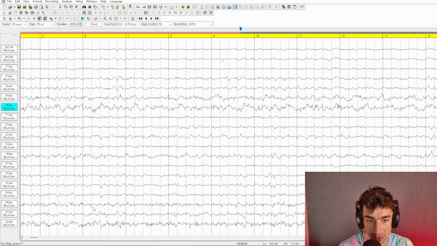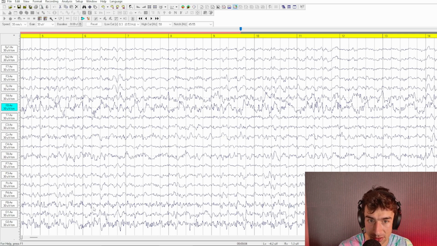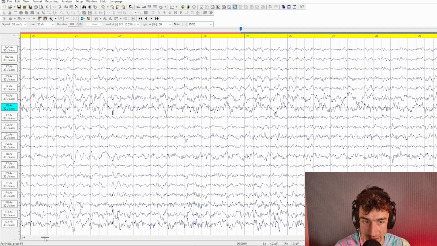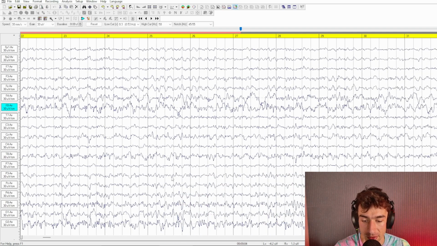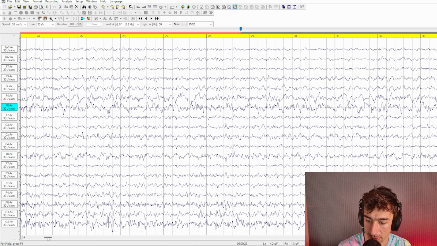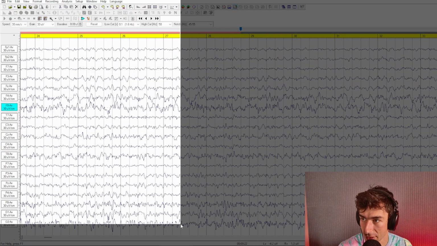And overall, this looks like a relatively low voltage brain, right? When we scale for the actual EEG activity, we're at 30 microvolts. I'm going to drop the low cut to 1.6 to make it a little easier on the eyes. We see some frontal midline theta here. So I'm going to grab a screenshot of that.